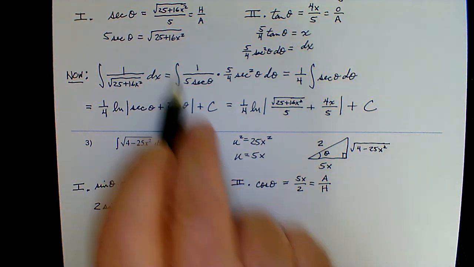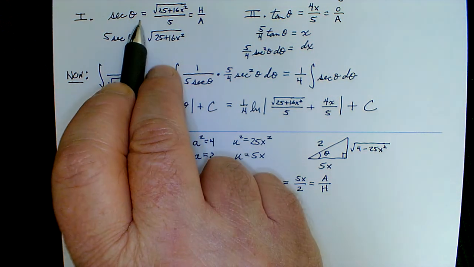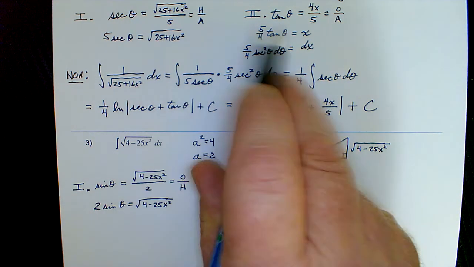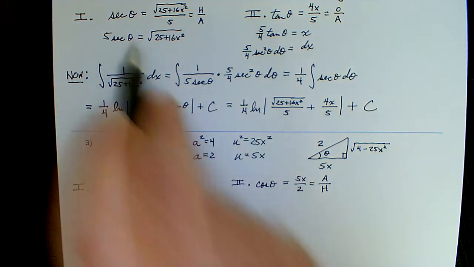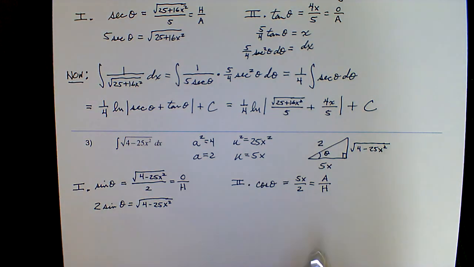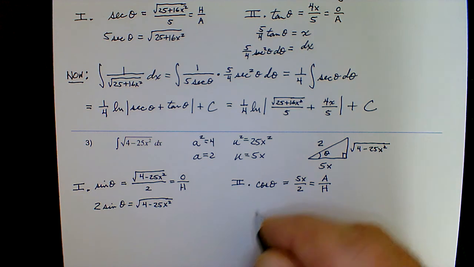And similarly, like this last example, we had secants in the first step and tangents in the second step. They go together. If you start mixing secants with sines or cosines and tangents with sines or cosines, you know something's wrong. Because it always should be secant tangent and sine cosine.